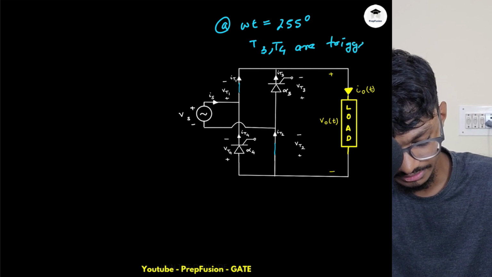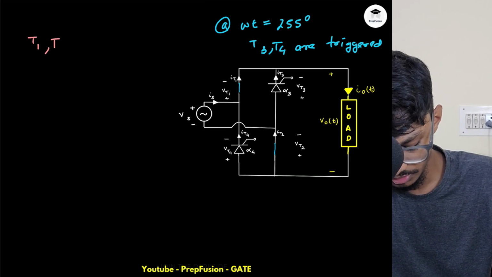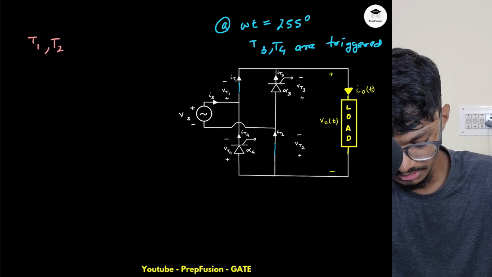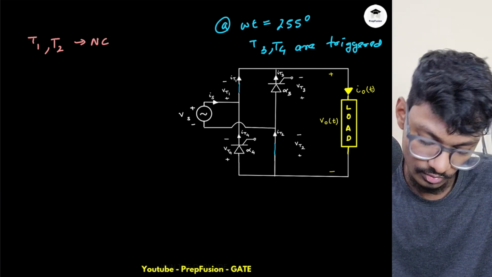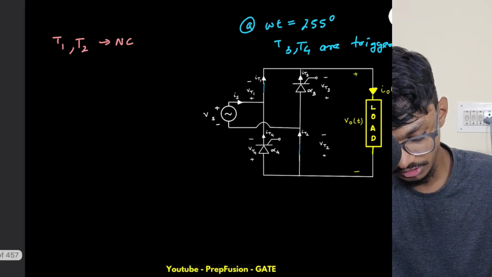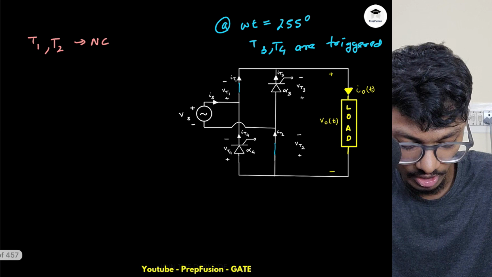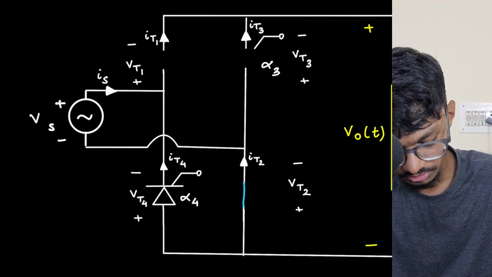As soon as they are triggered, my SCRs T1 and T2 will be naturally commutated. So this is the case. As soon as they are naturally commutated, what is my output voltage now? So these will be off and these will turn on.